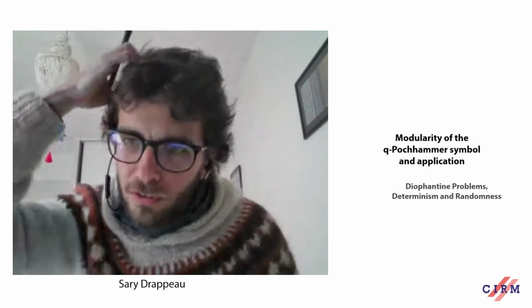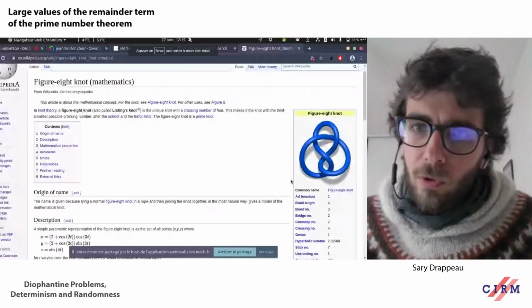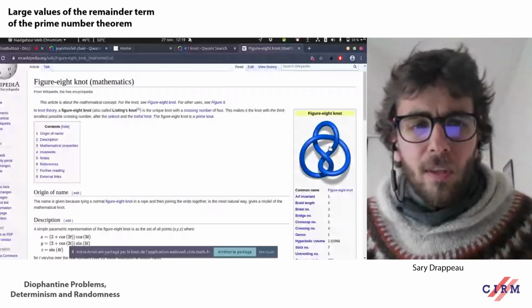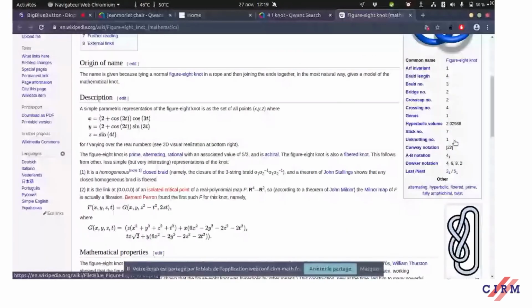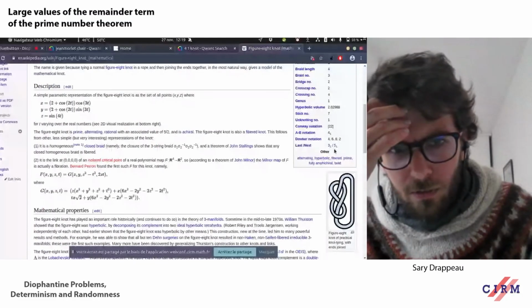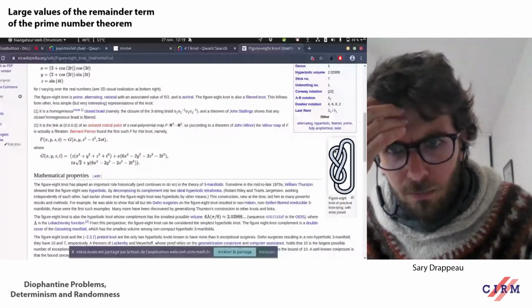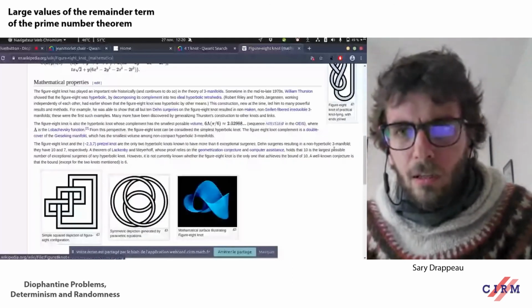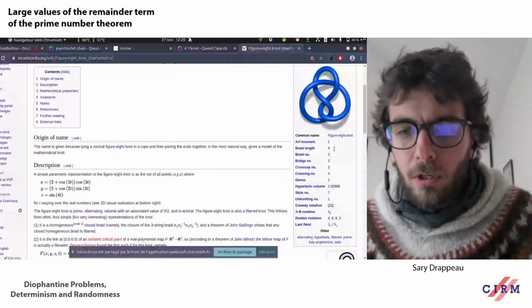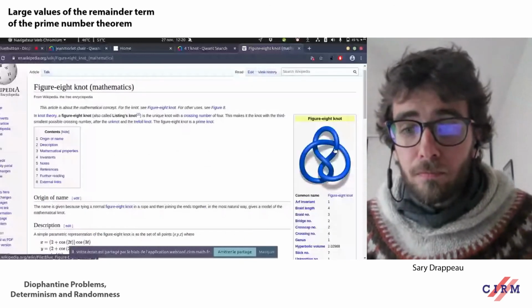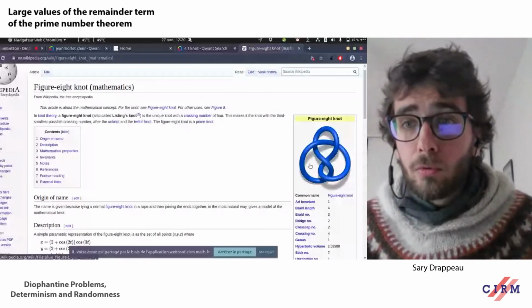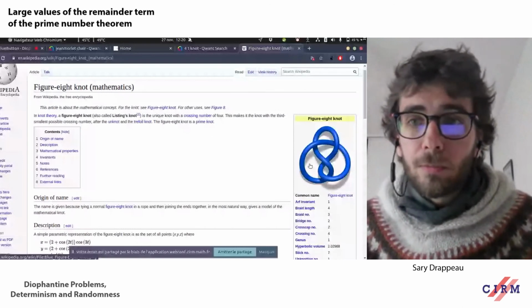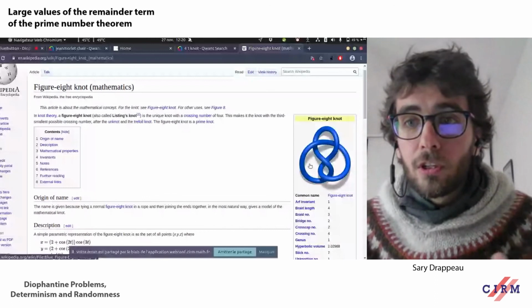And when you consider the complement of the knot, so everywhere in the space except inside, it turns out, there is a theorem of, okay, I forgot his name. That's embarrassing. He's one of the biggest people in that field. You can put a hyperbolic structure, a metric, on the complement of the knot, which makes it a hyperbolic space, and it has finite volume, and the constant is the volume of this space.